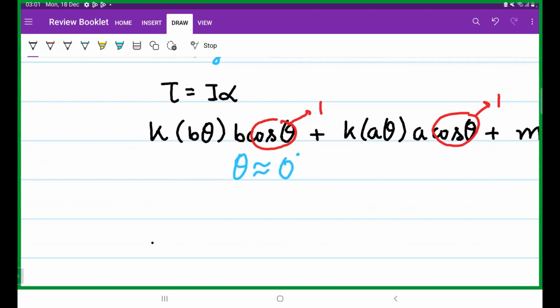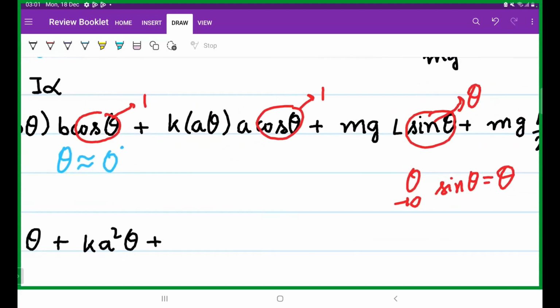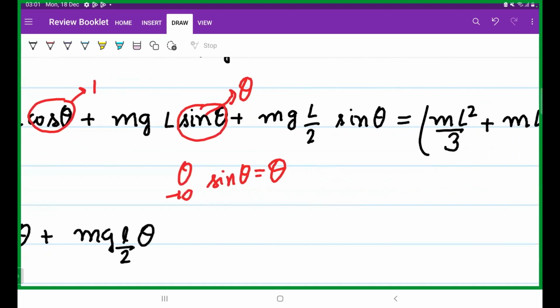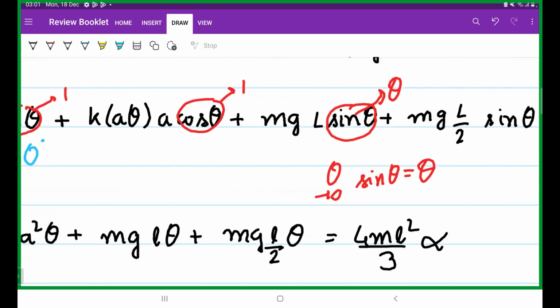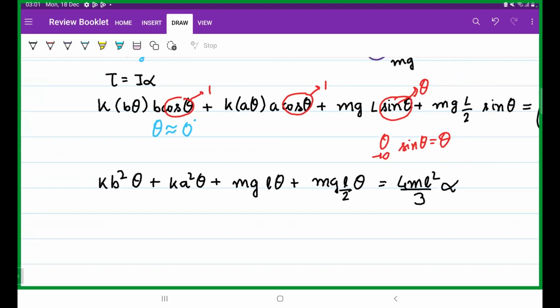Okay, so let's now place all the values. This will be kb square theta plus k a square theta plus mgl theta plus mgl by 2 theta. This will be equal to 4 ml square by 3 alpha.